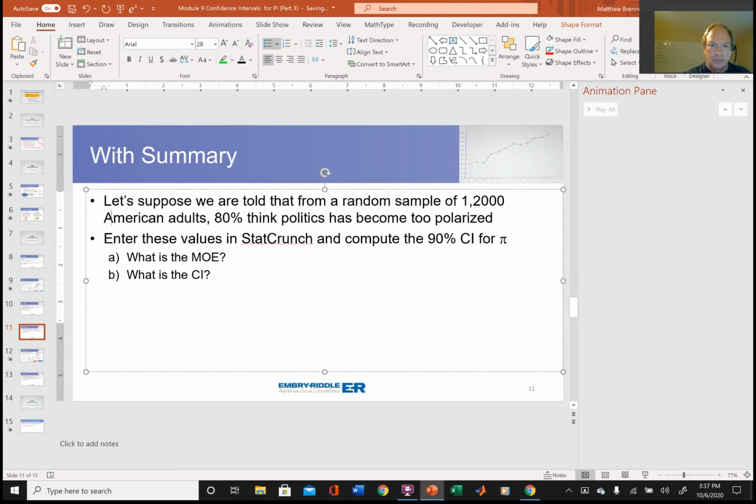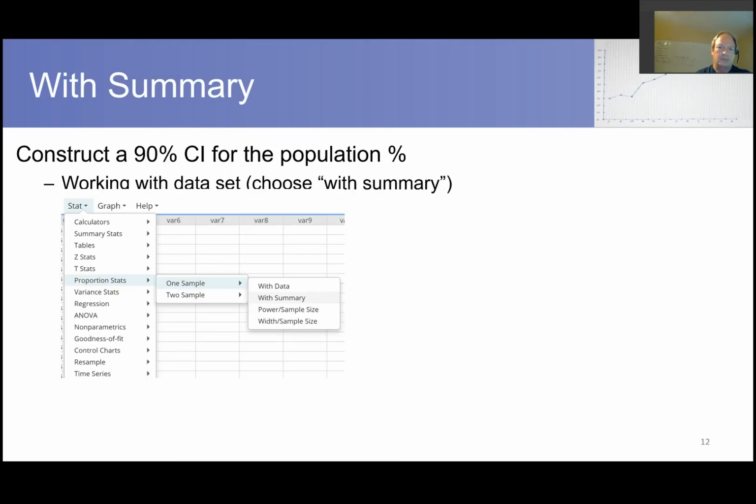So I want to use this information to compute a 90% confidence interval for the percentage of all Americans who think politics has become too polarized, and find that margin of error. So how do we do that in StatCrunch? Now we do something a little different.